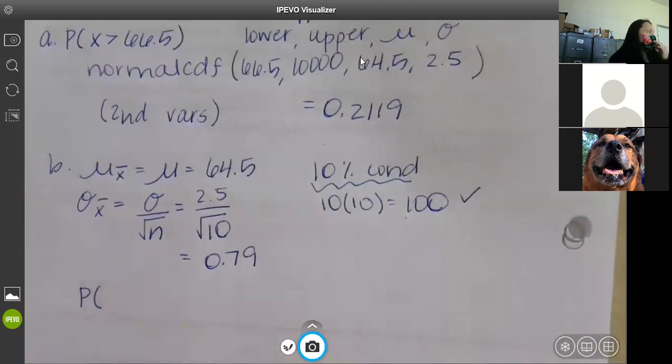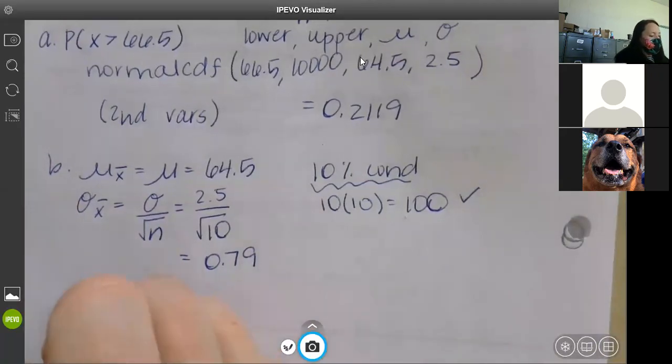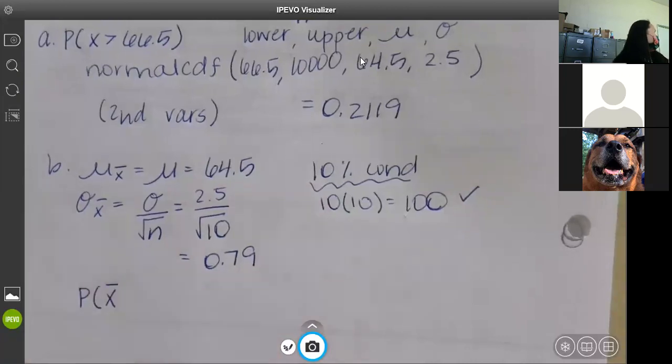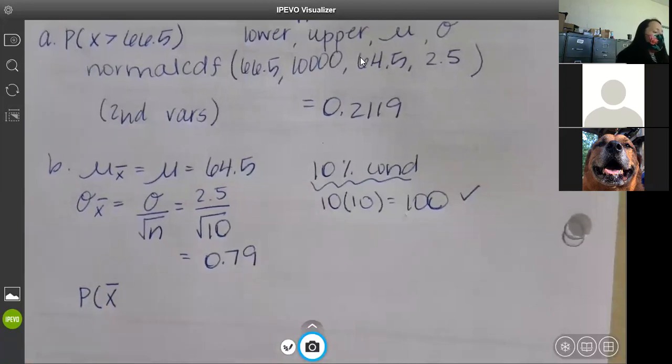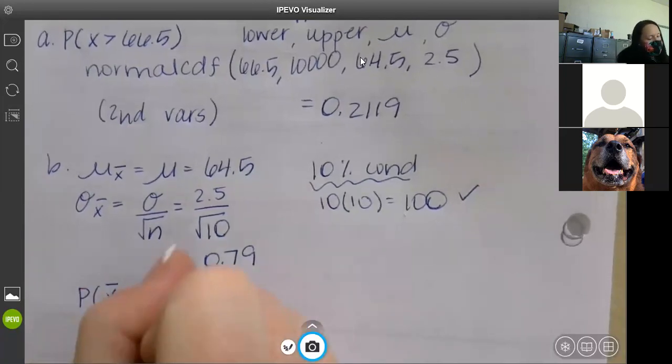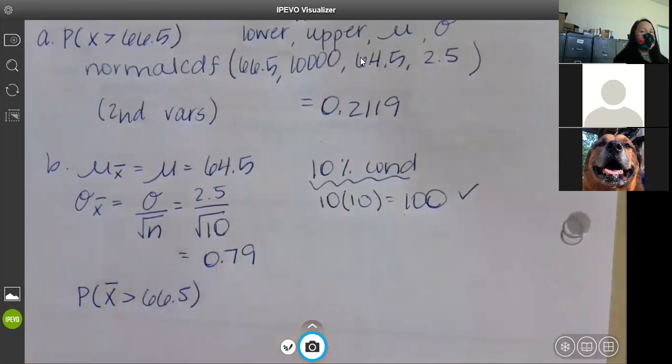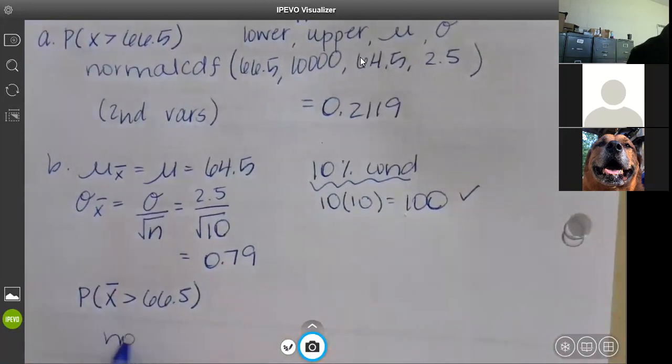This time, check out our probability statement. This time it's going to be X bar because we're talking about the sample. We want to exceed, so greater than 66.5. So it's the same thing. We're just changing our standard deviation. The mean does not change because it's the same as the population mean. So we're going to do the same thing, normal CDF.